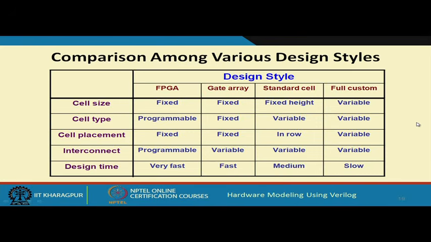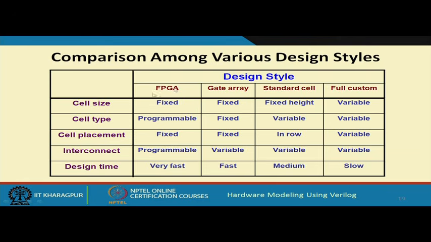So, just to compare among the design styles we just now talked about: FPGA, gate array, standard cell and full custom. We have ordered the designs this way because FPGA is the easiest, full custom is the most difficult. We are comparing with respect to these parameters: cell size, cell type, placement, interconnect and the total time for design.